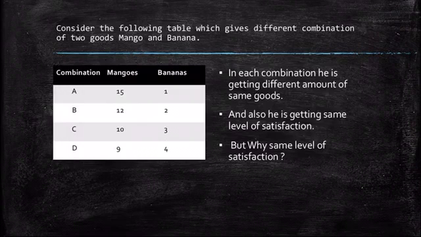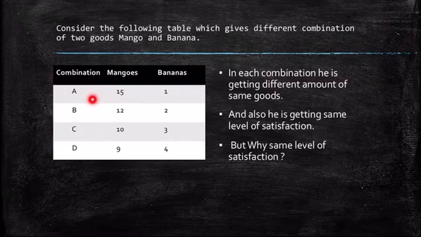To understand the indifference curve very easily, let us consider this table. If you observe this table, here we have given different combinations for the consumer, like A, B, C and D. Bundle A consists of two different goods, bananas and mangoes.